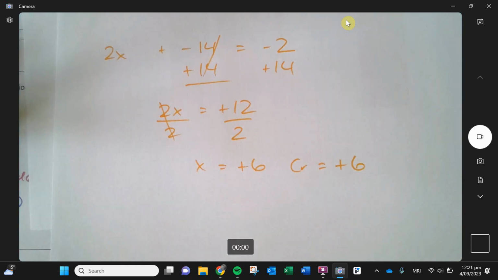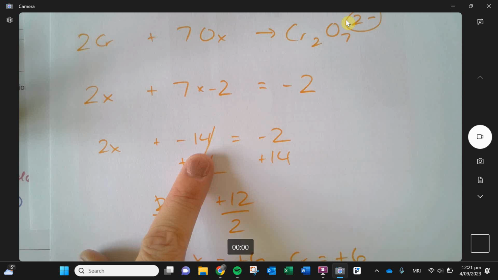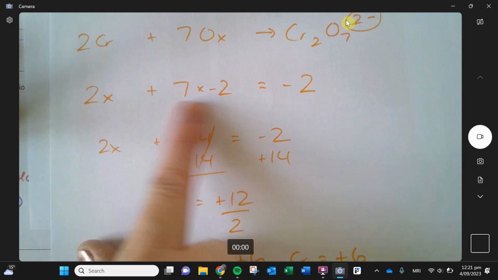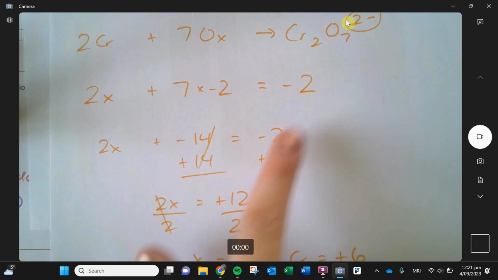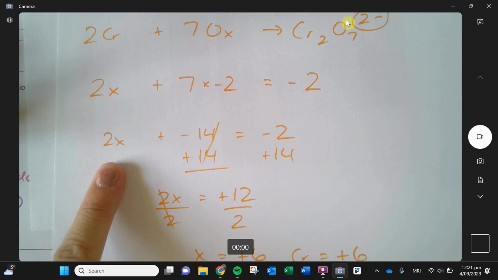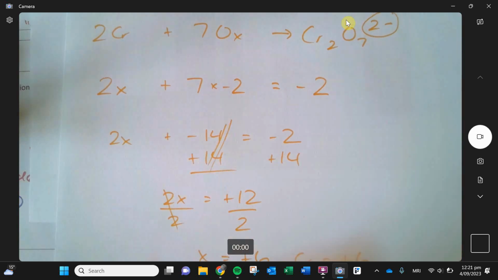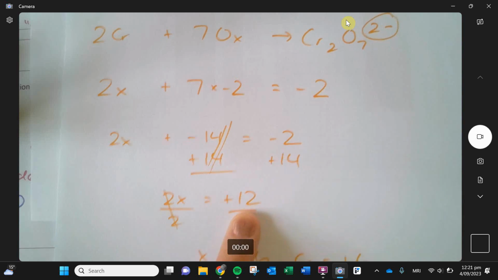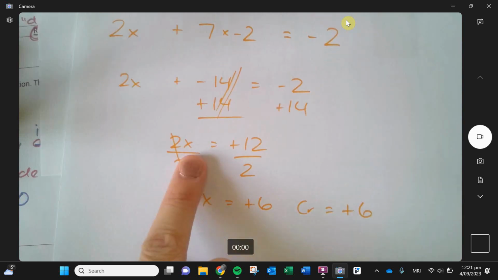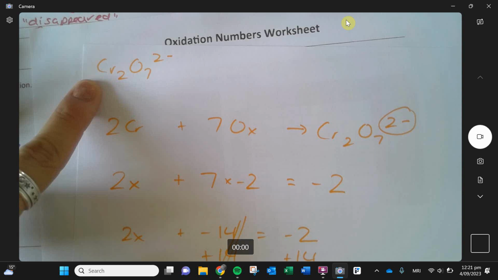Do you want me to backtrack? Okay, where do you want me to backtrack to? Okay, so 2 times 7, negative 14. I pulled the 2x down. I added 14 to each side. So the 14 cancels out. And 14 minus 2 is 12. But I still have 2x because there's 2 chromium atoms.